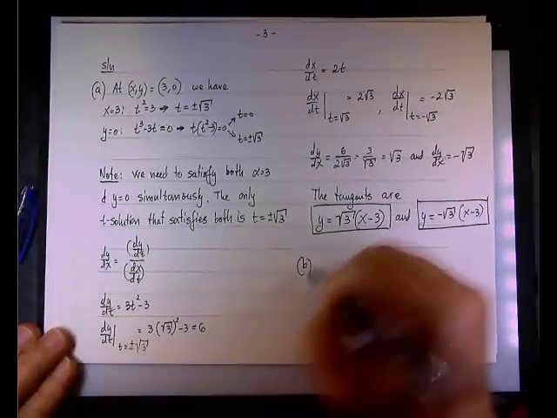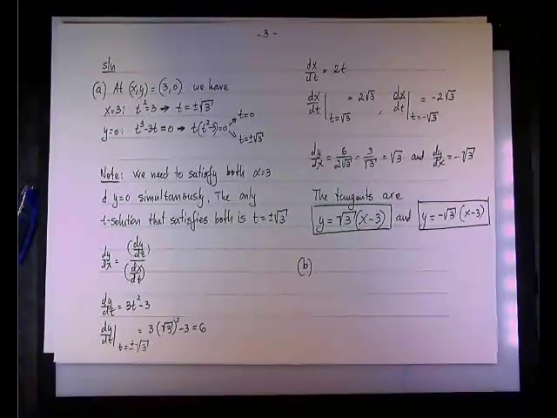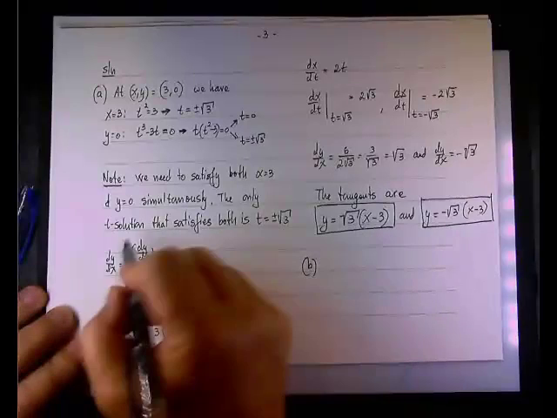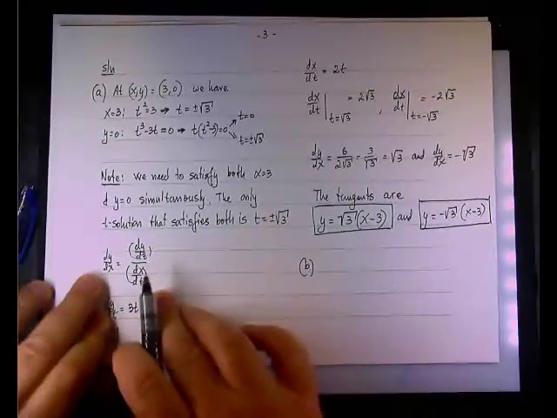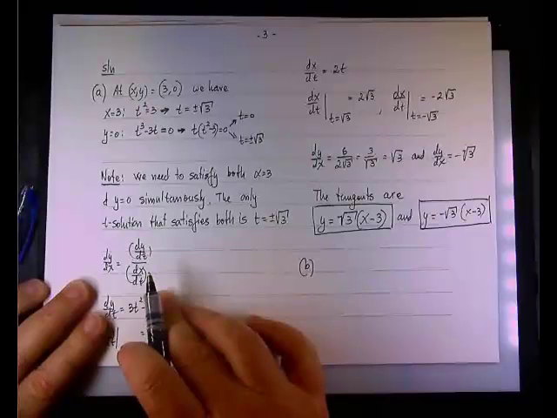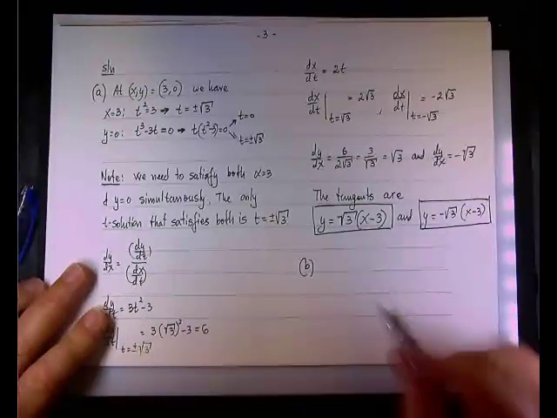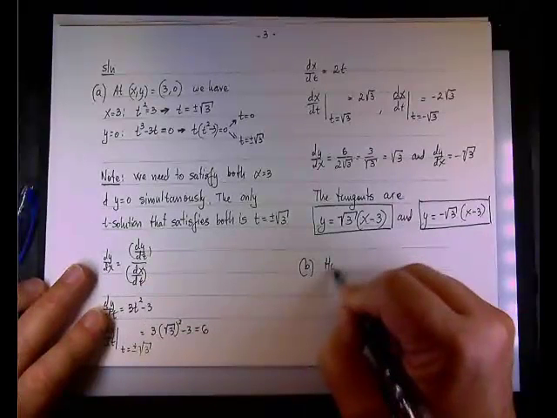Part B, in part B we need to talk about horizontal and vertical tangents. Go back and look at this result that we had earlier.